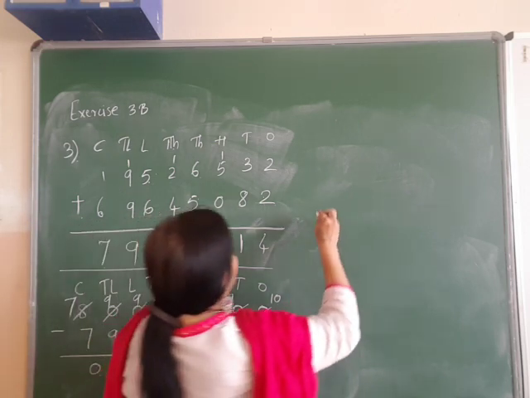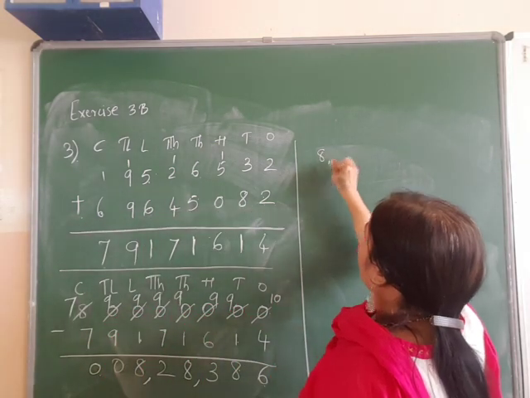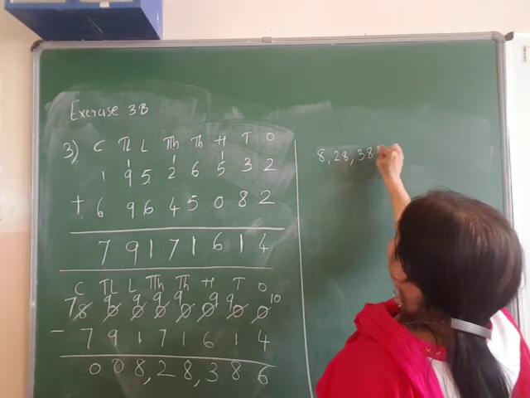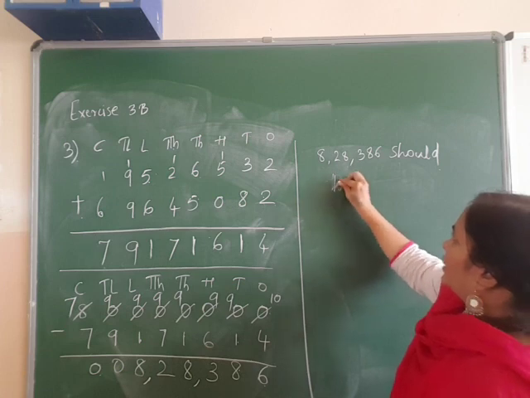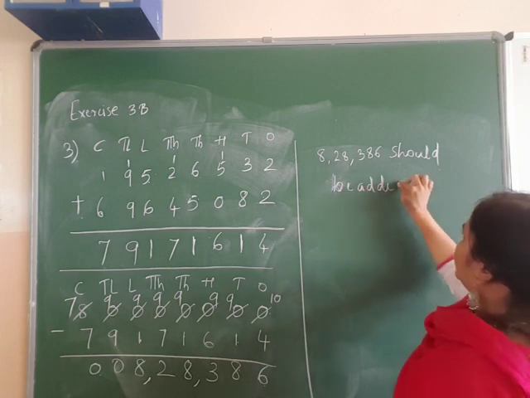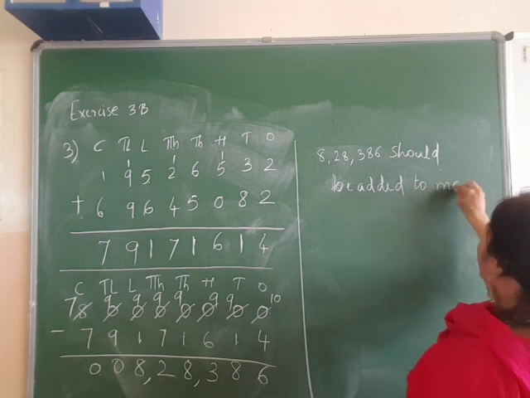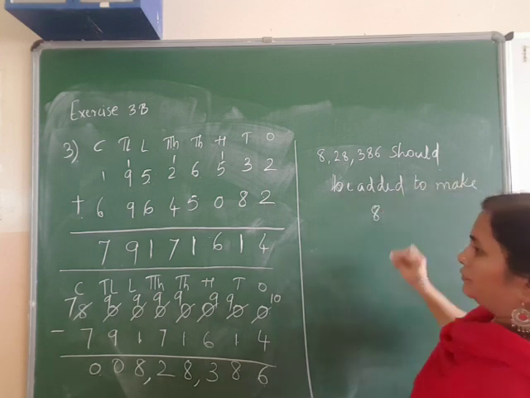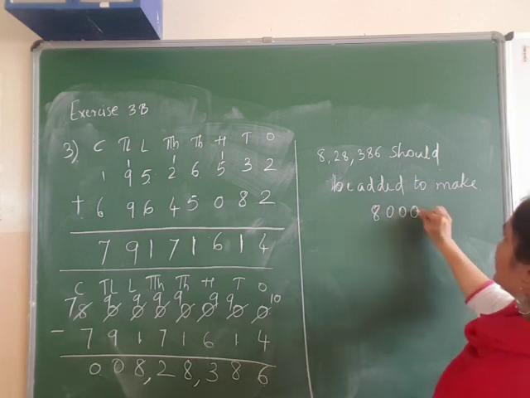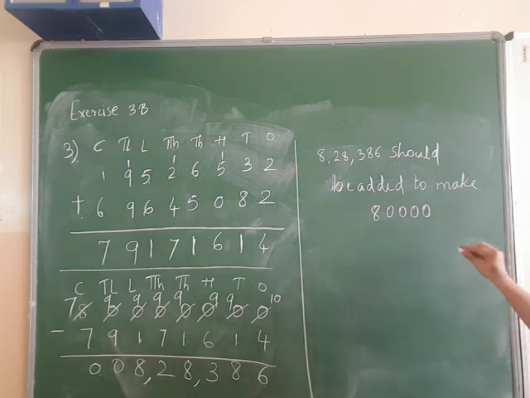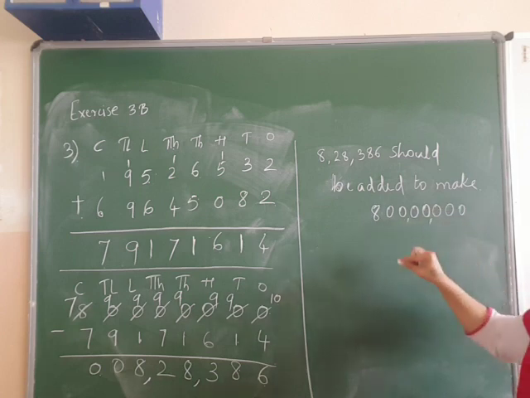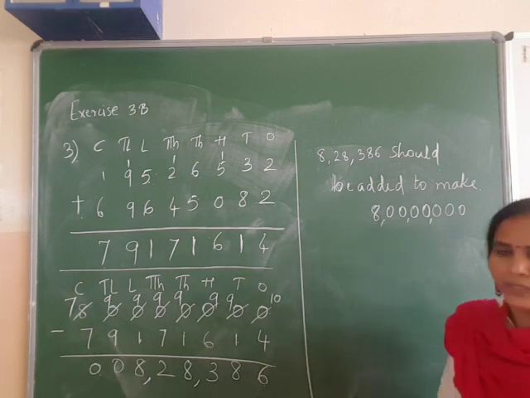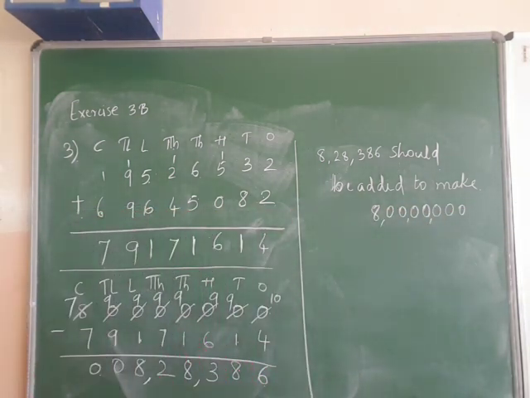So I'll write the statement here. 8,28,386 should be added to make 8 crores. So this is how we have to solve the story problems.